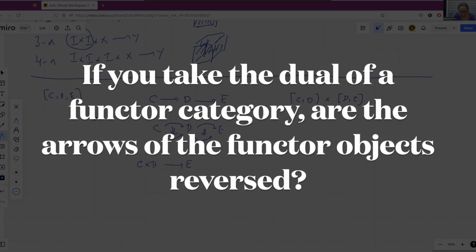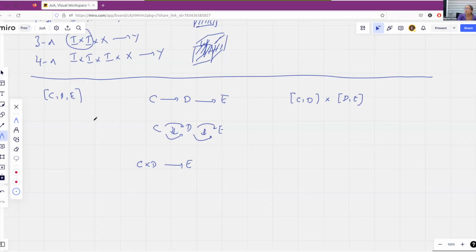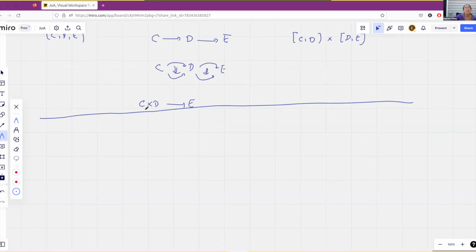If you take the dual of a functor category, are the arrows of the functor objects reversed? Now I'm going to need to try and be a bit psychic here because I don't really know what a functor object is. But I think I know what you mean, maybe, because there is typically quite a lot of confusion about duals of functor categories.